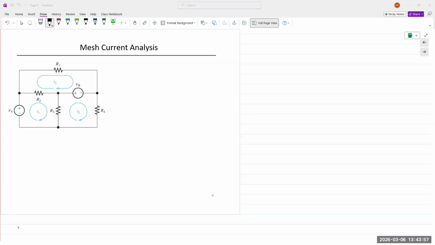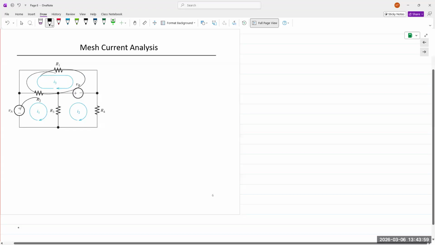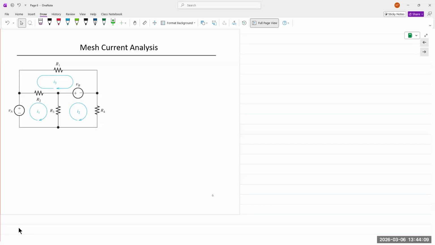You see, there are three meshes in this example, right? One, 2, and 3. And they're labeled I1, I2, I3. Normally, a branch current is drawn in parallel to a specific branch, meaning if you have a resistor, that current is parallel to that resistor, or any component for that matter. If you have a source, that current is in parallel to that source.